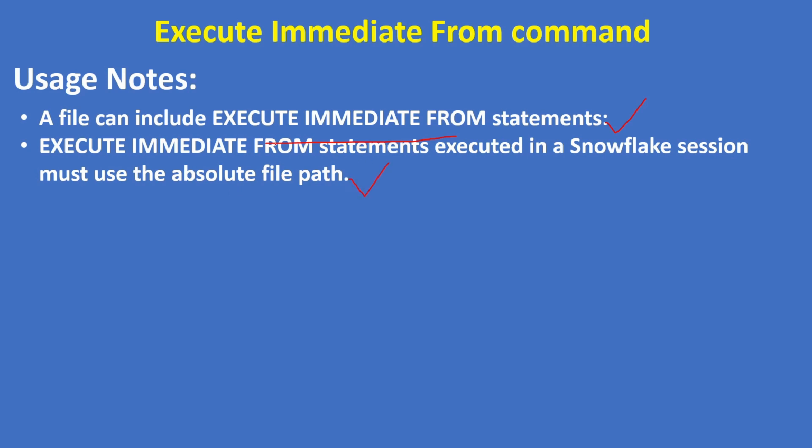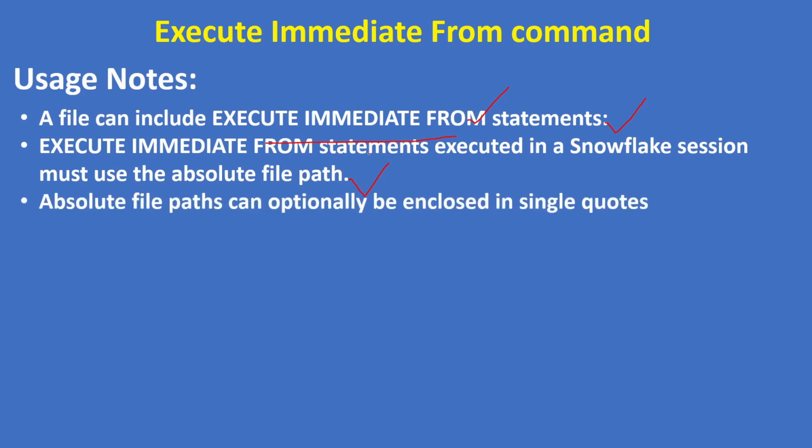If you are going to execute this command, you have to use the absolute file path, not relative. A relative file path you can use inside your file. An absolute file path can optionally be enclosed in single quotes.